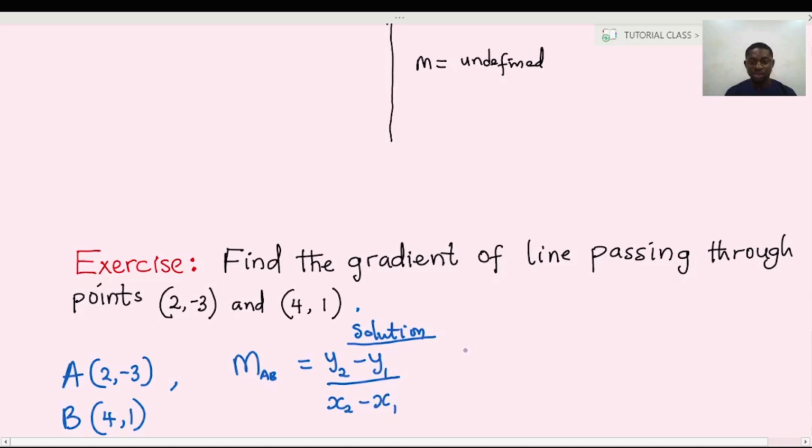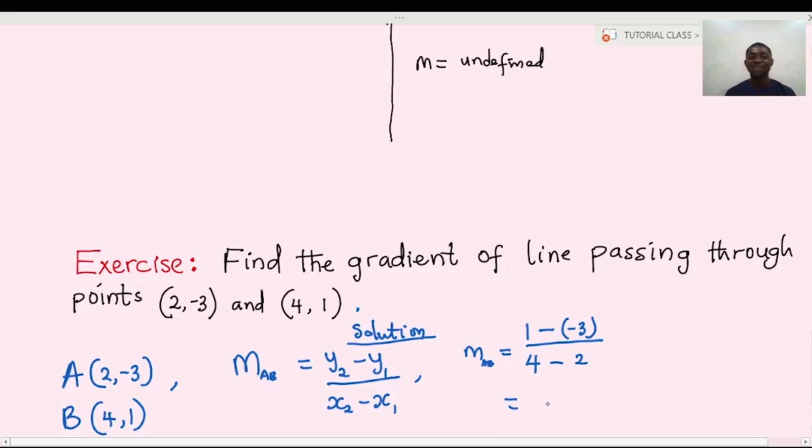So which that one is what we have as our, let's take this as our y2 and our x2, while this is our y1 and x1. So putting in this value, our y2 is said to be 1, that's 1 minus our y1, which is minus 3, all divided by our x2, which is 4, minus our x1, which is 2.